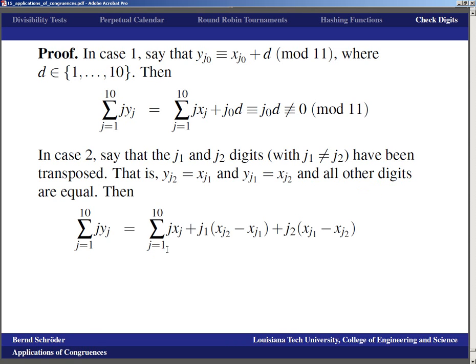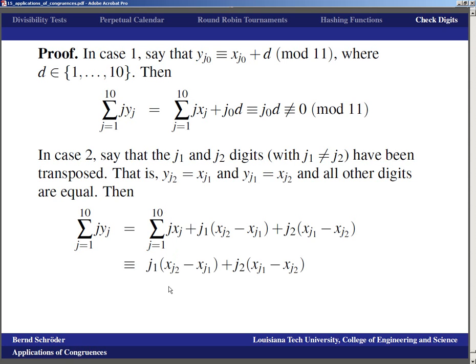Well, then that is the sum of j x_j, but now the j1th digit is off by x_j2 minus x_j1, because y_j1 is x_j1 plus (x_j2 minus x_j1), and the j2th digit is off by x_j1 minus x_j2, because y_j2 is x_j2 plus (x_j1 minus x_j2). Okay, you can work that out for yourself.